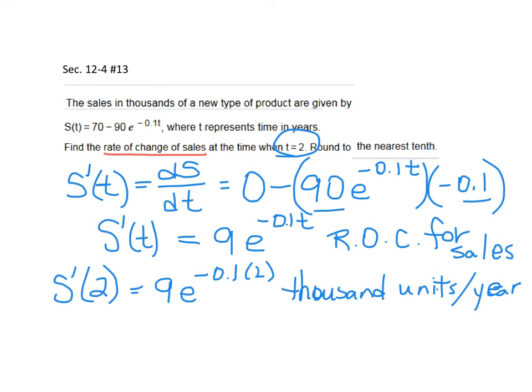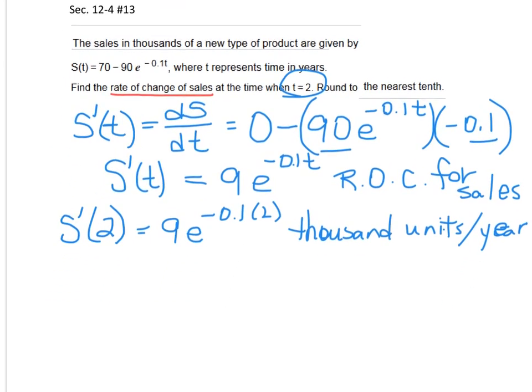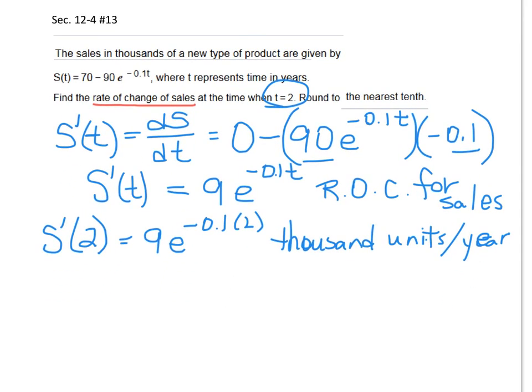So at this point, I'm going to pause, and I'm going to use the calculator to evaluate 9e to the negative 0.2 and round that to the nearest tenth.